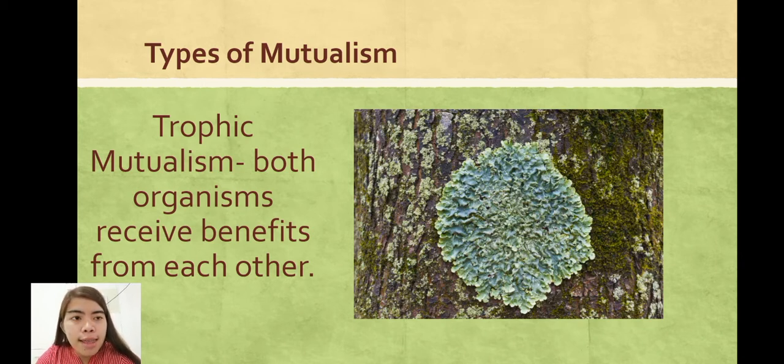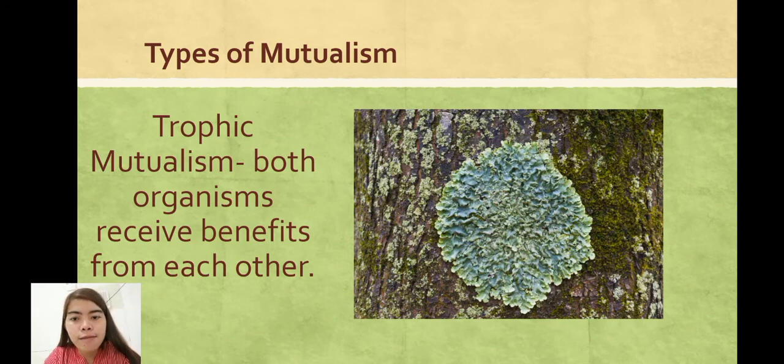So, you can see that in the picture. Itong picture na pinakita ko dito sa gilid. So, the fungus or the fungi provides water and nutrients to the algae. And the alga provides food for the fungus. Therefore, nakabenefit silang dalawa. That is one example of trophic mutualism.